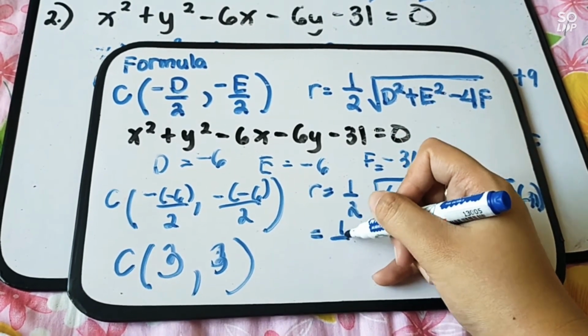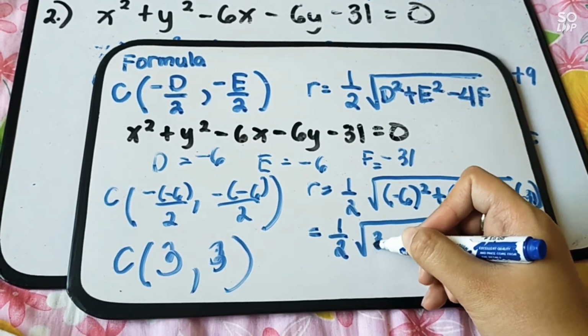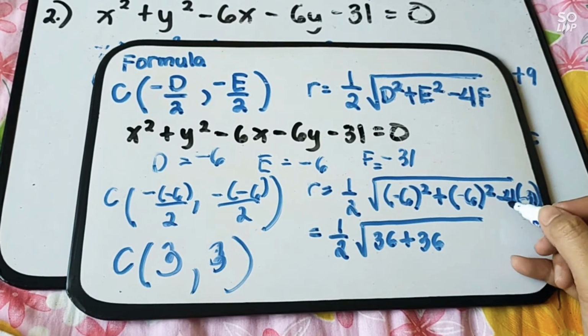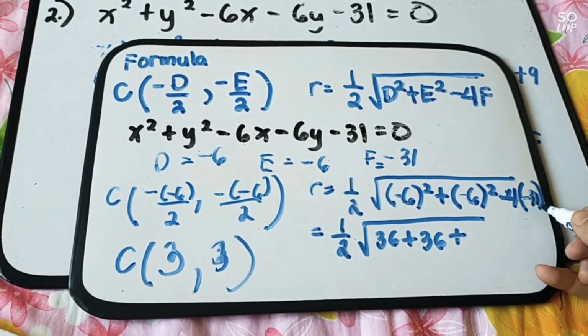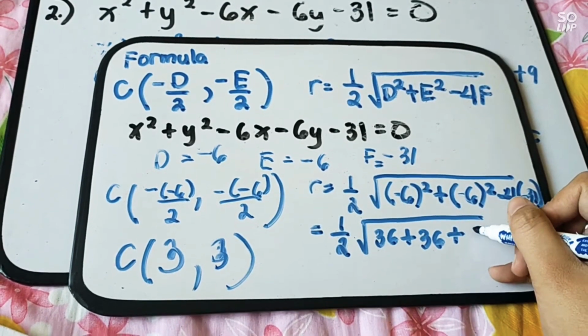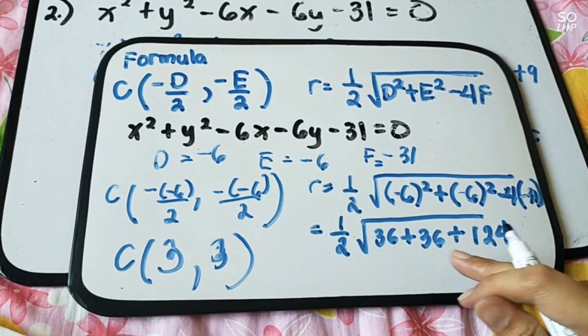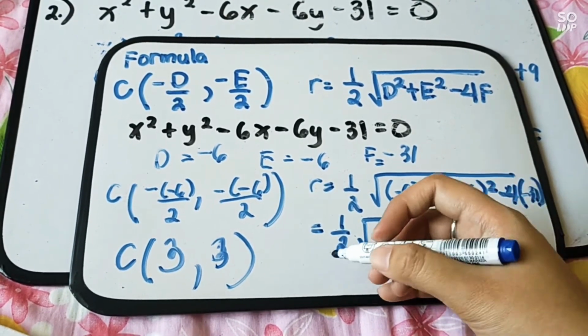Then, equals 1/2 square root of, simplify, 6 squared is 36, plus 6 squared again is 36. Then, this one, two negatives become positive. 4 times 31, the answer here is 124. Then add these three, 124 plus 36 plus 36.